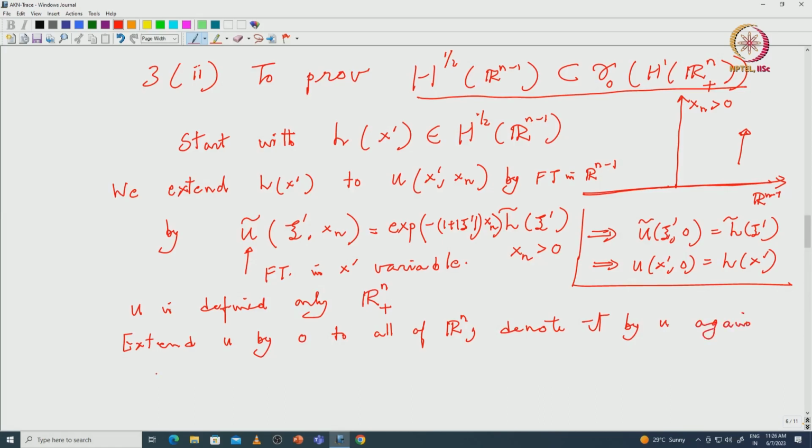I will denote the extension by u again, because now I do not want to use u tilde. The issue is that u need not be in H^1 of R^n, because we do not know the boundary values of u. But the trouble is only in the x_n direction.